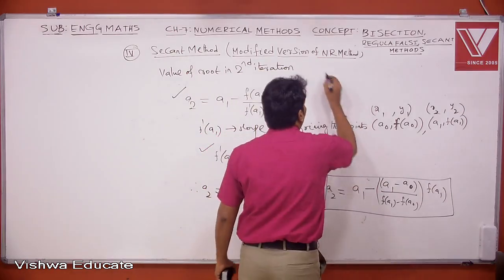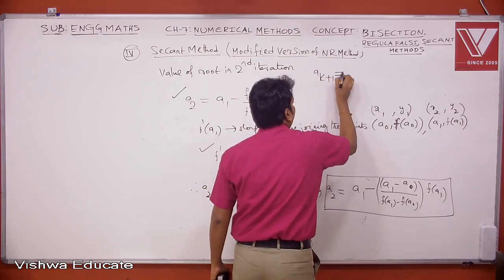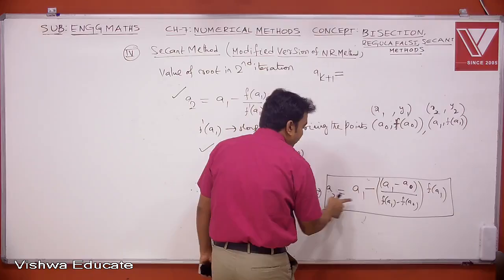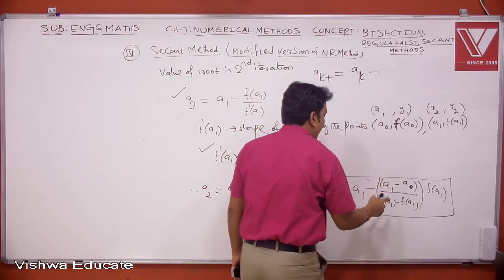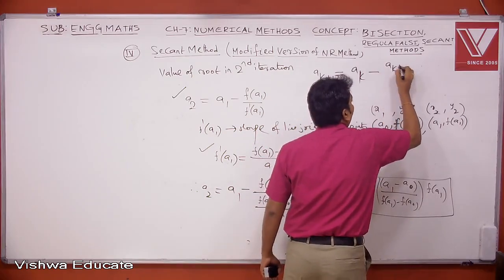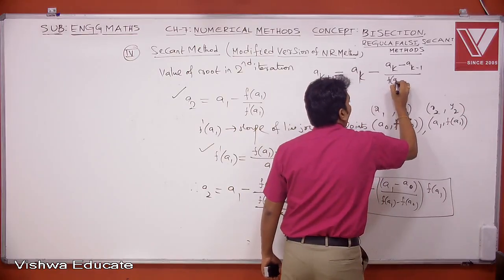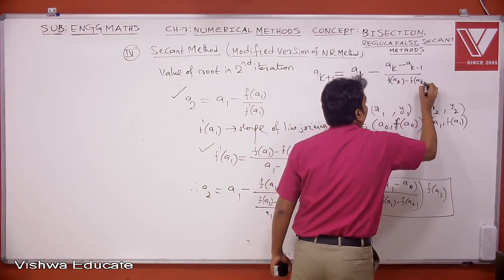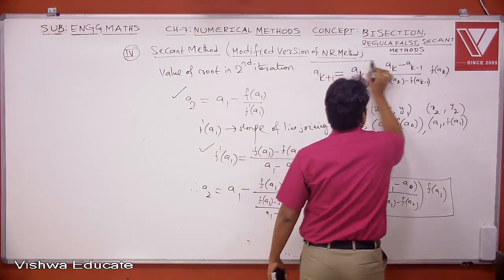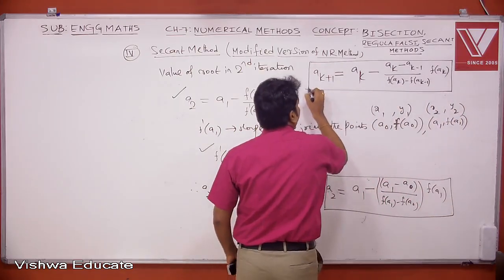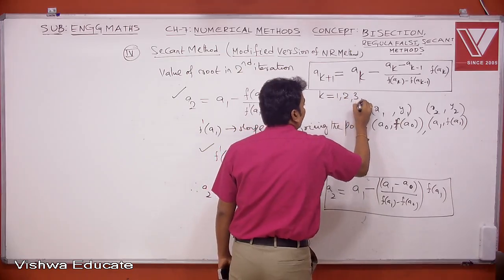Therefore the value of root in the k plus 1th iteration using the secant method is a(k+1) equals ak minus ak minus a(k-1) divided by f of ak minus f of a(k-1), into f of ak. So this is the value of root in the k plus 1th iteration in the case of the secant method. Here k values start from 1 onwards: 1, 2, 3, etc.